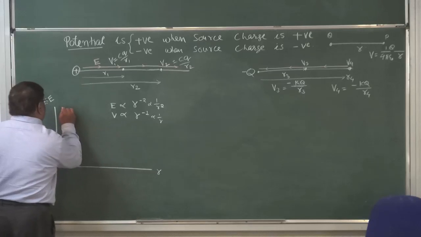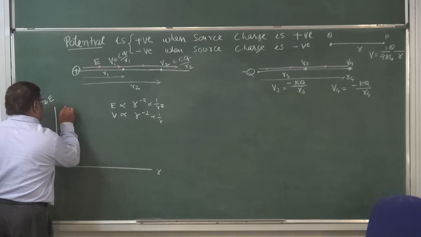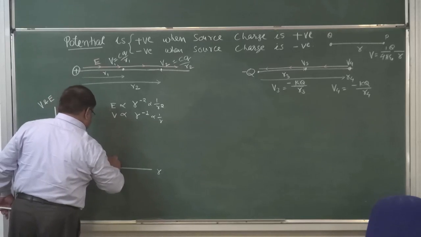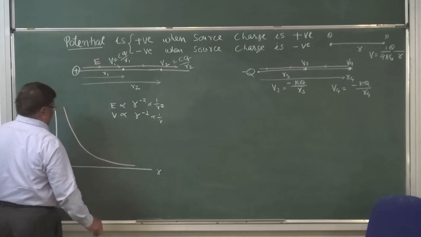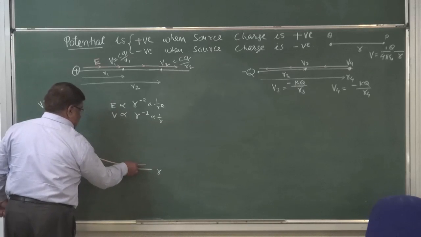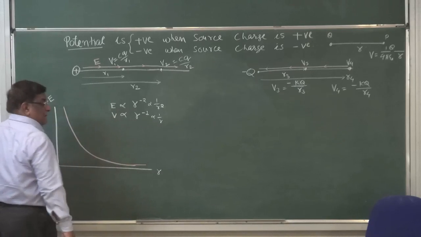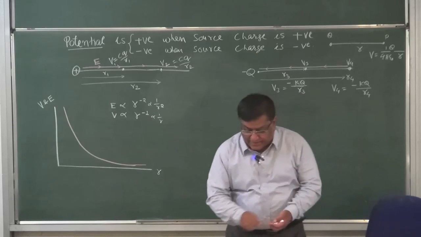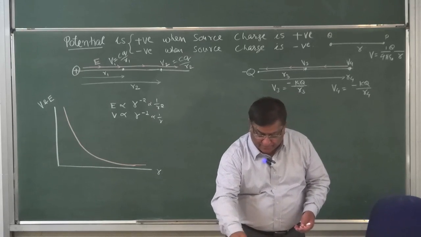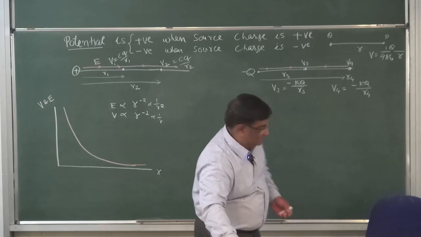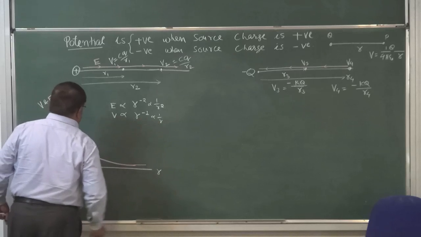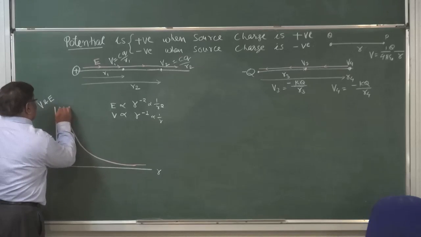So the graph of E will be something like this, and the graph of V, its slope will be less.